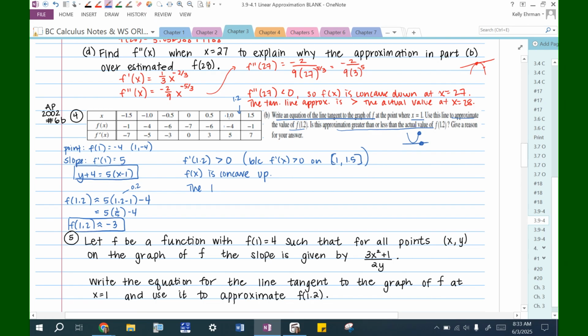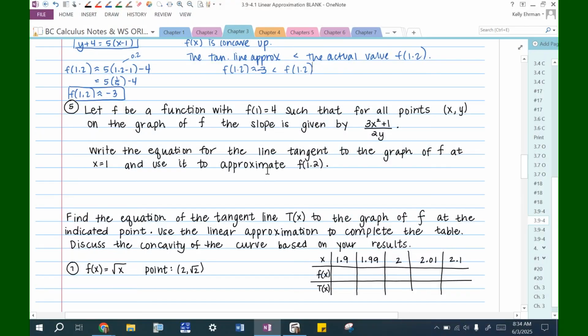So the tangent line approximation will be less than the actual value f of 1.2. I could also, instead of writing the tangent line approximation, I could say f of 1.2 being about equal to negative 3 is less than f of 1.2.